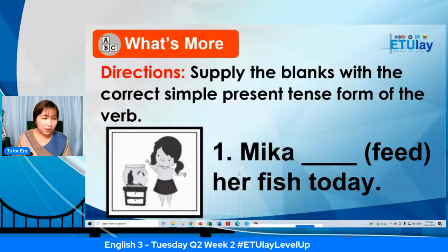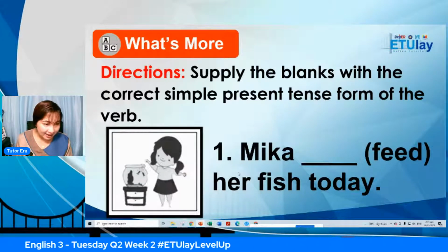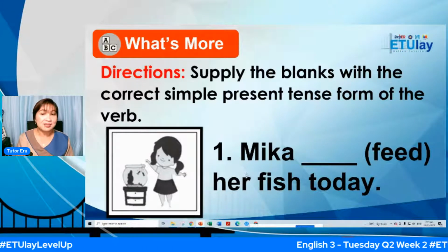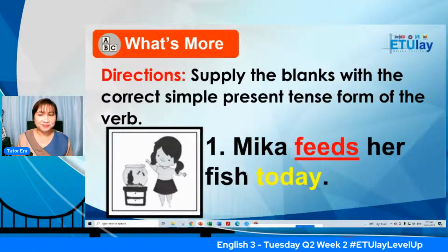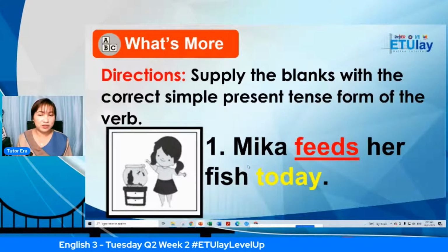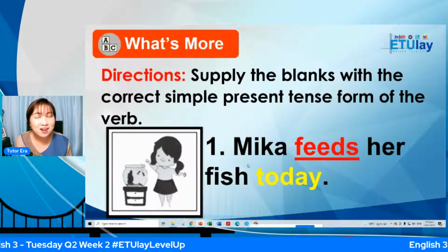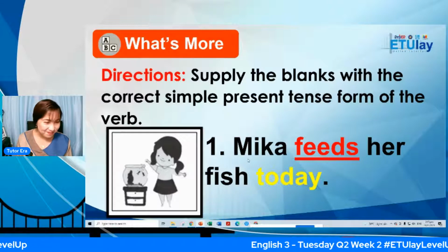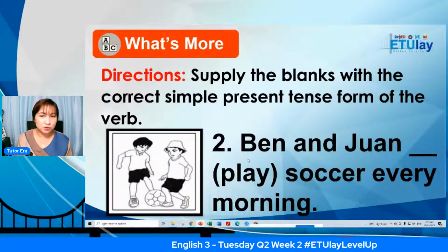For number one, according to Zaya and Gallagher, the answer is feeds. Let's see if their answers are correct. And you guys are correct. Mika feeds her fish today. Mika is singular, therefore we add the s to our verb. Good job.